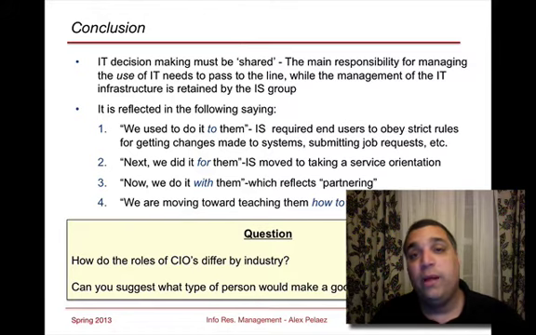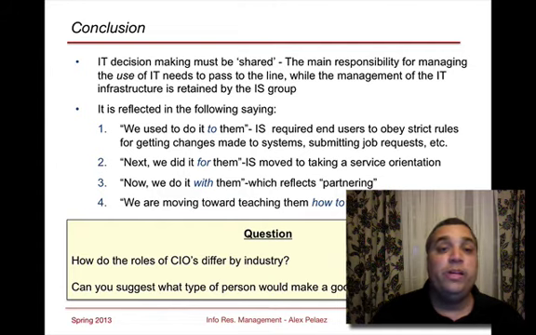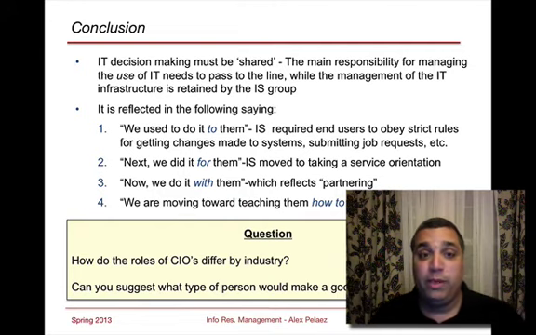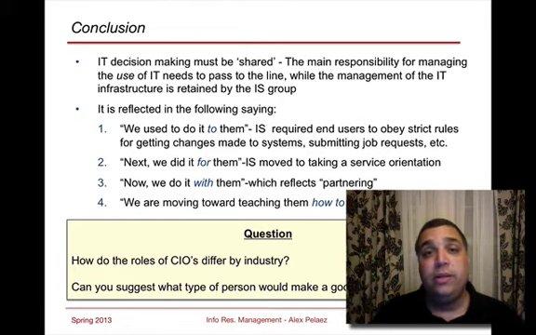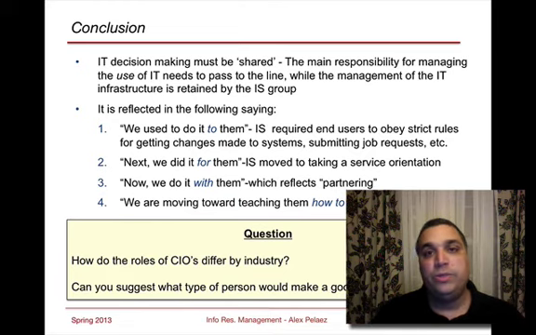Then we did it for them, where everything moved into a service orientation. Now we do it with them, which reflects partnering, that IT is basically a partner with them. And we're moving towards teaching them how to do it themselves. It's always a good thing when IT can say to the business, you don't need us anymore. Not a great thing from a job perspective, some people believe, but the reality is if you can get your business users to believe that you're no longer needed, you've done your job.